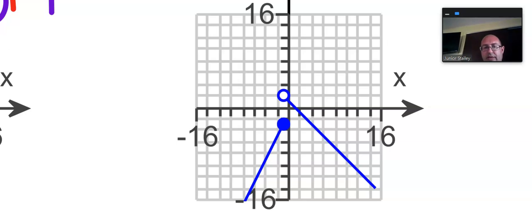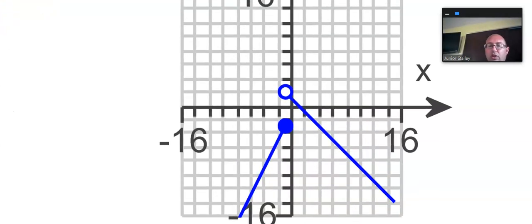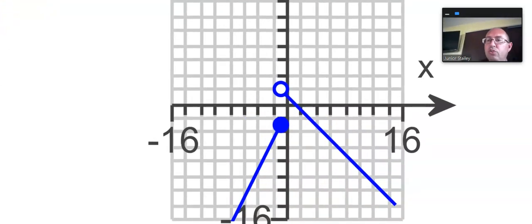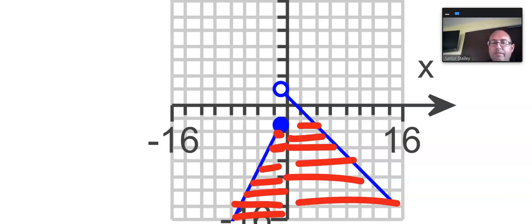Okay, now when we start talking about pushing points to the y-axis, we want to be careful. Like we got all these points down here, and all these points over here. But the one thing you're not going to get is +2, because there's an open circle right there.